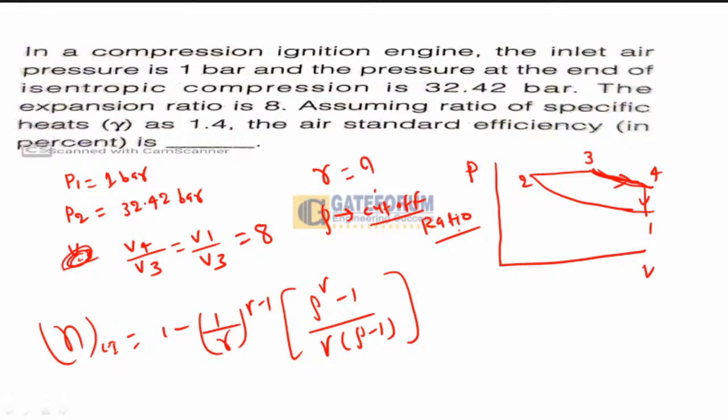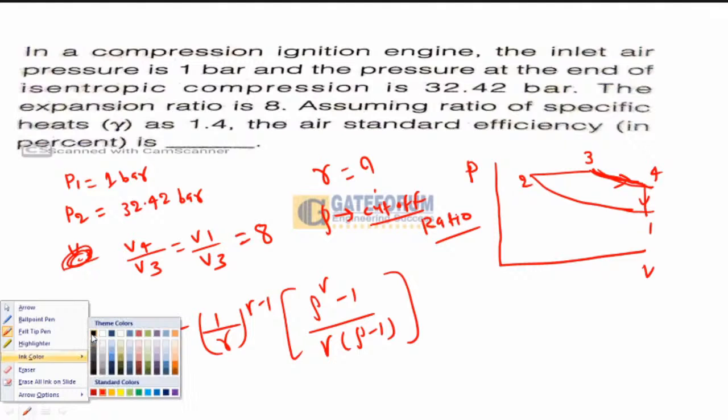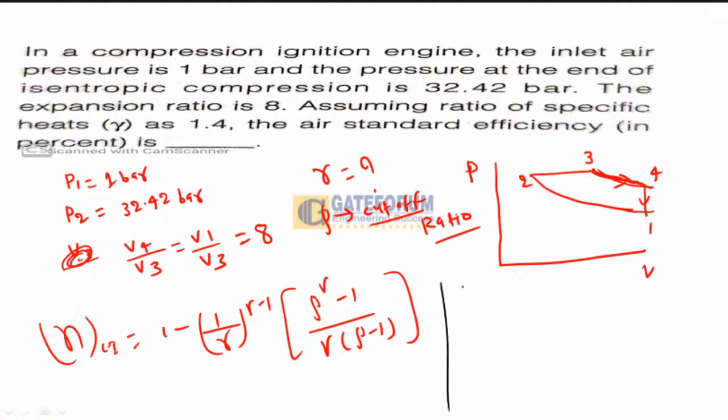Now, process 1 to 2. What is process 1 to 2? This is isentropic compression, so you can write P1 V1 to the power gamma equals P2 V2 to the power gamma.